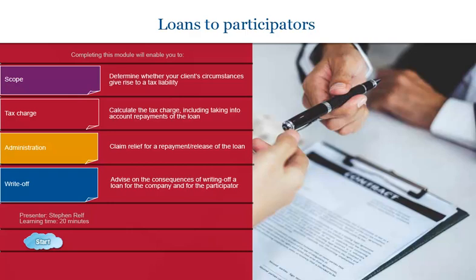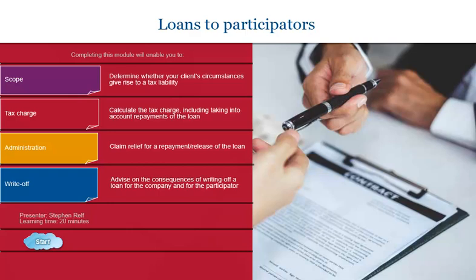We'll begin the presentation by looking at the scope of the rules. This will help you to identify circumstances in which the charge to tax applies. Next, we'll look at how the charge is calculated, including how relief is given when the loan is repaid or released. From there, we'll consider how to deal with the charge in the company's tax return, including how to claim a repayment of any tax paid.